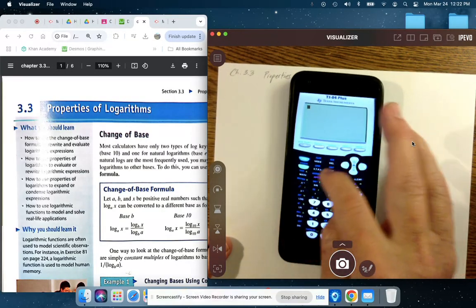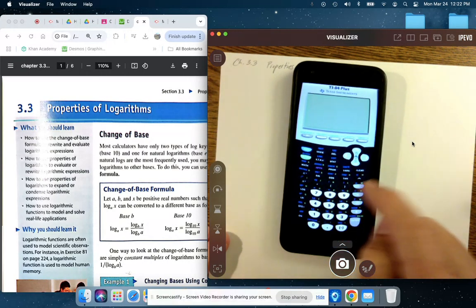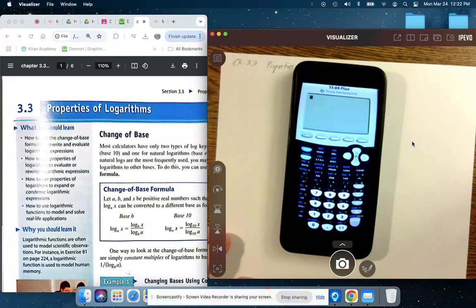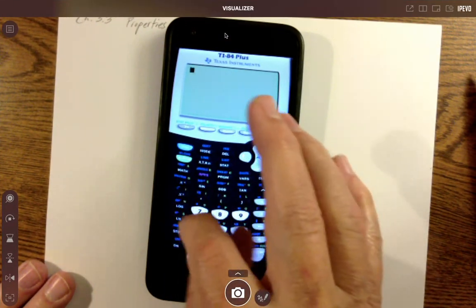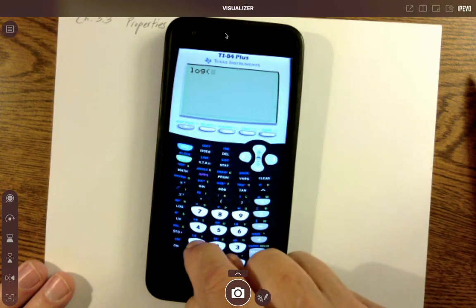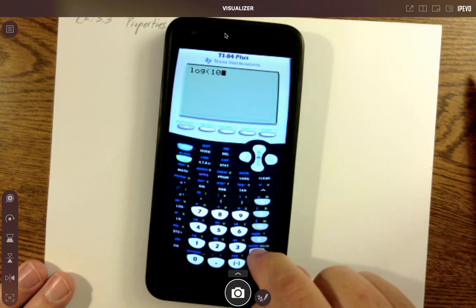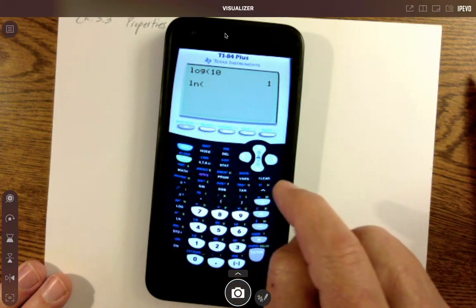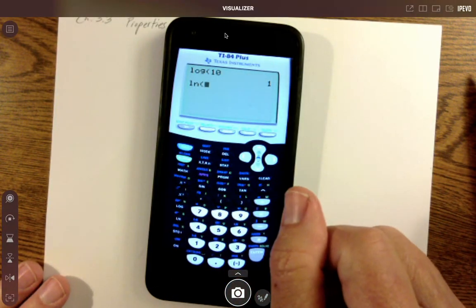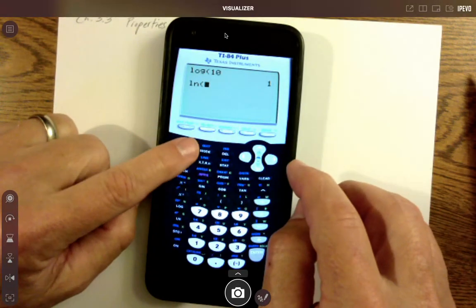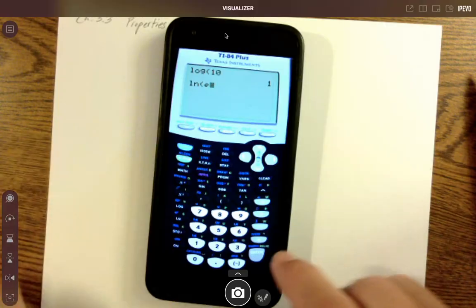Anyway, let me blow this up. You've got two logs over here on the left. You've got logarithm, that's base 10, so if I take log base 10 of 10, I should get 1. And then natural log, which is base e, so if I take the natural log of e, I should get 1.